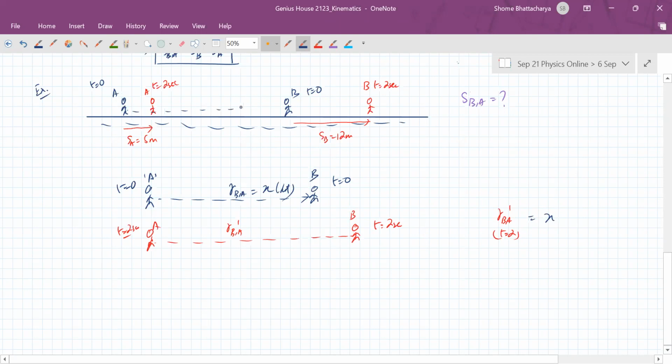This was x. So this is becoming x plus 12 minus 5, becoming x plus 7. So what A is saying is that B is displaced by this. This is the displacement of B with respect to A.